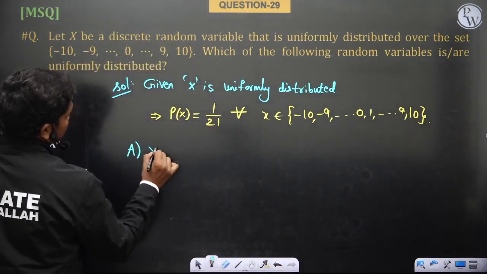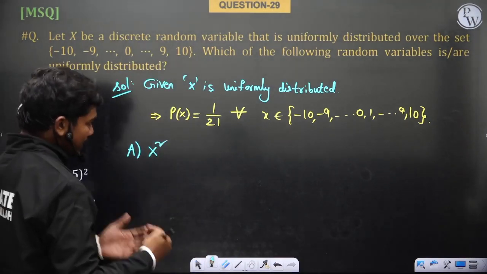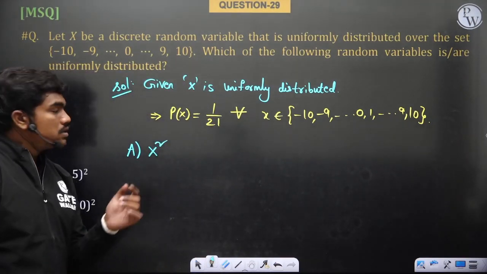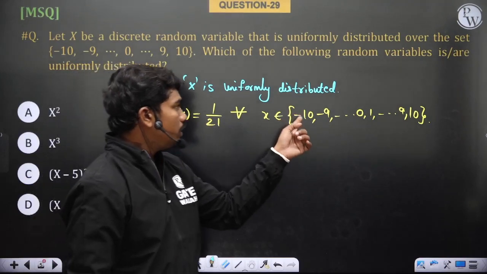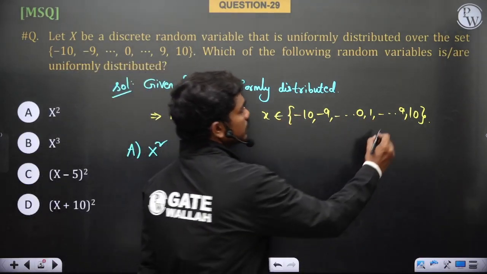A, x square. When you take this x square, then ultimately all these values, -10, will have the same value as of 10.